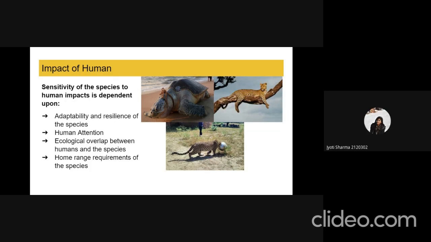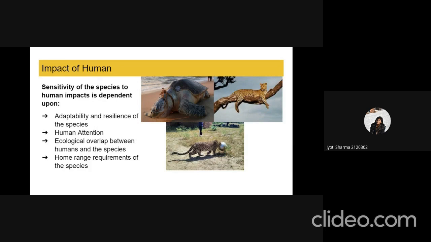Yes. Then there is the ecological overlap between humans and the species. Suppose we want some plain area and some species live in the plain area; the species in the hilly area will survive, but those in the plain area will not. So this is the ecological overlap between humans and the species. Then there is the home range requirement of the species.